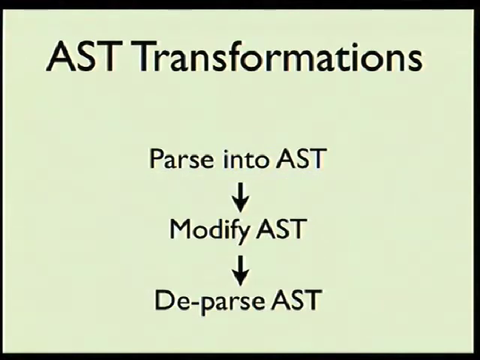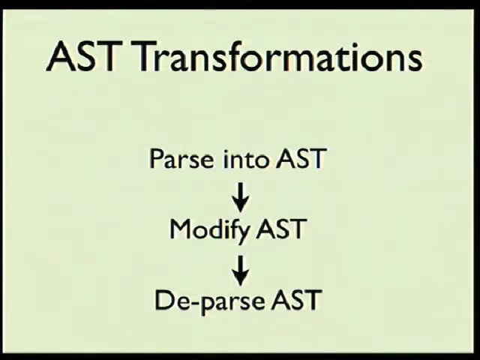This is, in fact, what the compiler and parser does initially when you run a Ruby program. The first thing it does is parse all your code into an AST before it does anything else. But we're just going to take that tree for what it is and do some stuff with it. First, you can parse it, so you're getting the tree data structure in Ruby. Then you can modify that using some different techniques.